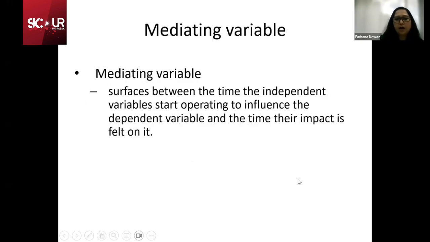Okay, now come to the point, mediating variable. Mediating variable is one that comes in between the independent and dependent variable. Again, this is just for your concept.